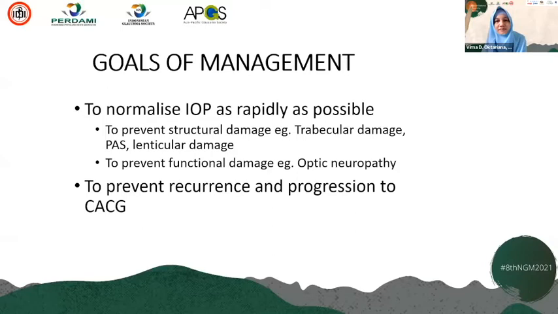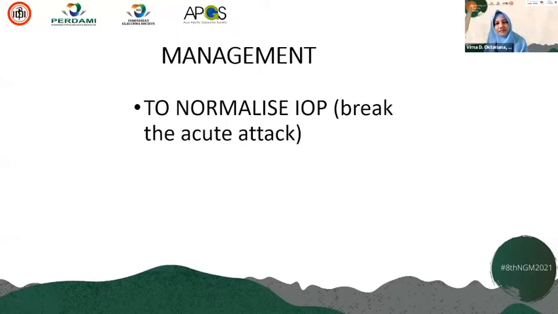If we can break the attack as soon as we can, then the incidence of progression to CACG will be less. So how do we break this acute attack?